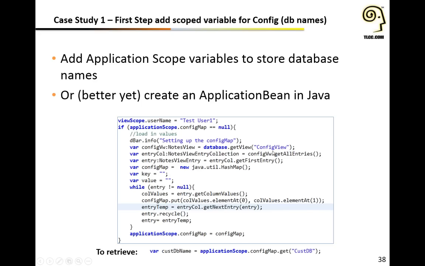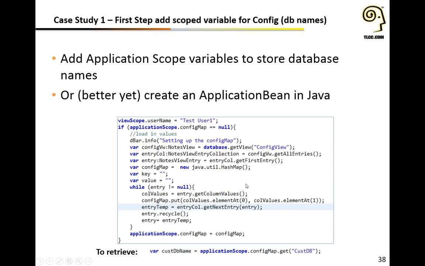So what I did was go to this view and loop through the view and get everything in the view and put it in the map. From the first column in the view, that's the key name, and the second column is where the value is. We can do this for all sorts of configuration settings, like locations of databases and stuff like that. So this is a good way.